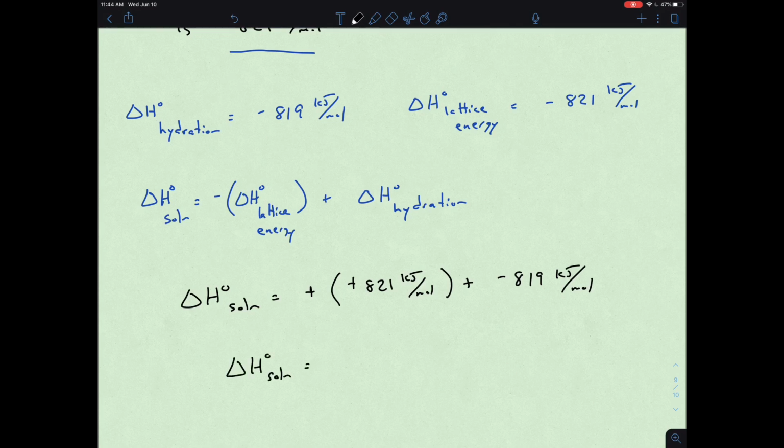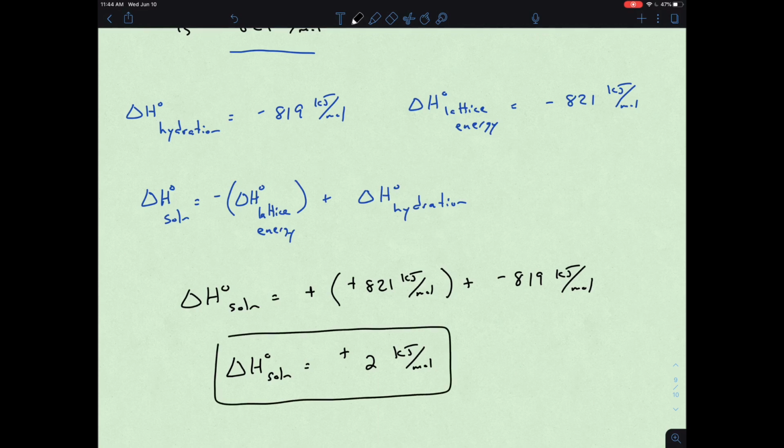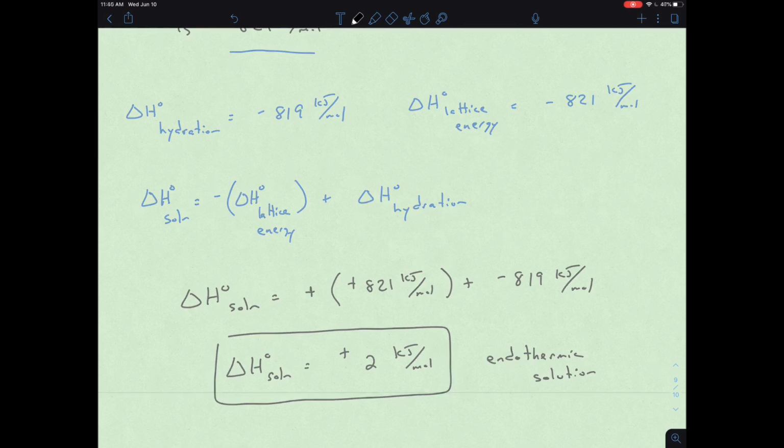And so our delta H of solution would be a positive 2 kilojoules per mole for the solution of potassium fluoride. And this would be an endothermic solution as a result. So that's looking at the thermodynamics of ionic solids dissolving into H2O.